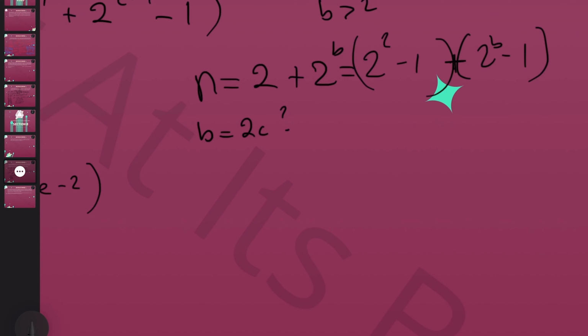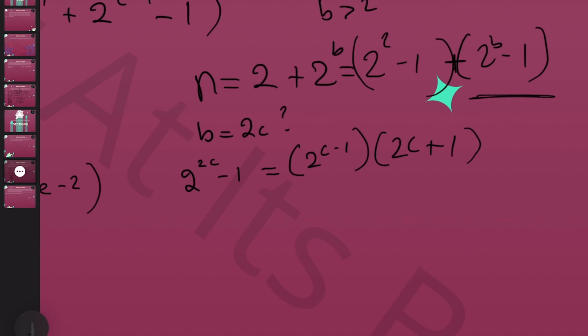So let's take a look at 2 to the power of b minus 1. Well, if b was even, we could write it as 2 to the power of 2c minus 1, with c being a natural number. And that there is a difference of 2 squares. So we could simply rewrite that as 2 to the c minus 1 and 2 to the c plus 1.